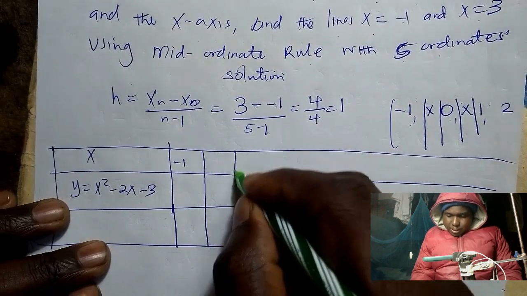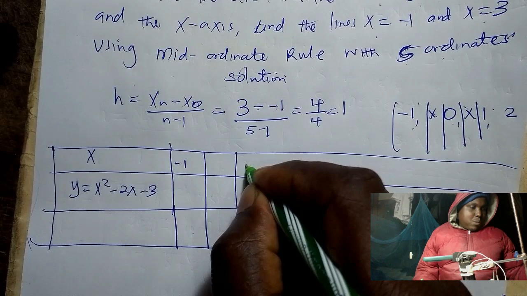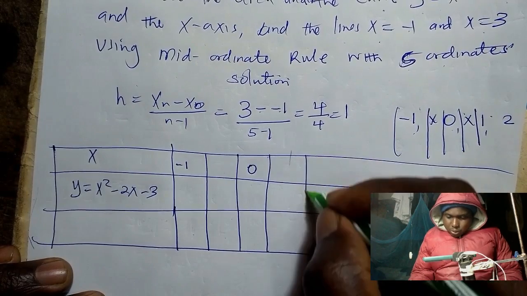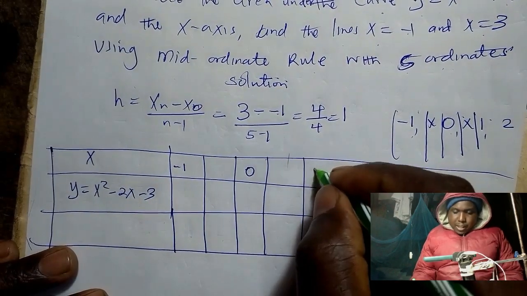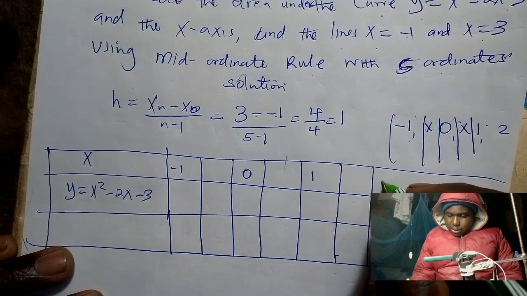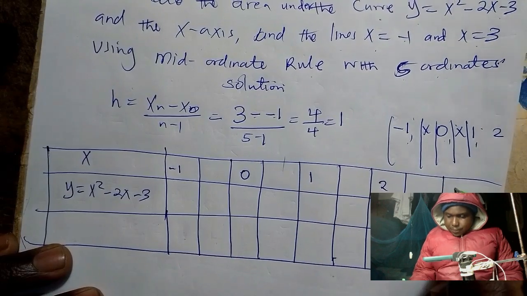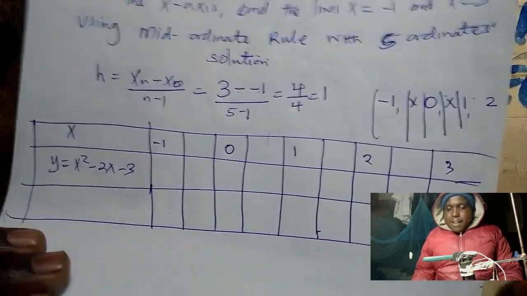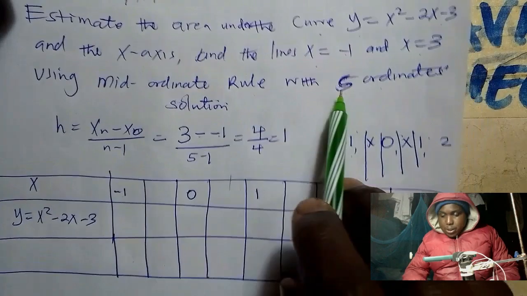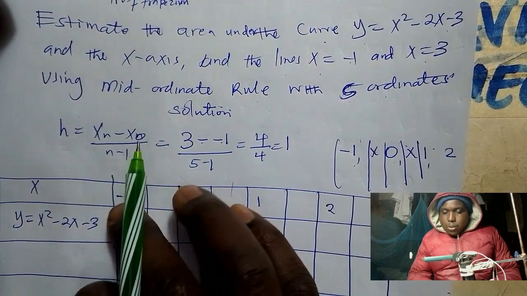And then the next one will be 0, because from here we go to 0. You jump 1, and what you're jumping is the mid ordinate. And then from there 1, skip 1 line, and then we go to 2, 2.5, and then 3. So what I have here, these are the ordinates 1, 2, 3, 4, 5. Ndio maana tuliambiwa 5 ordinates. Naelewana? These are the ordinates 1, 2, 3, 4, 5.